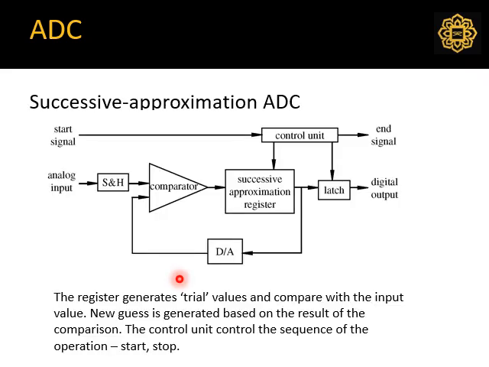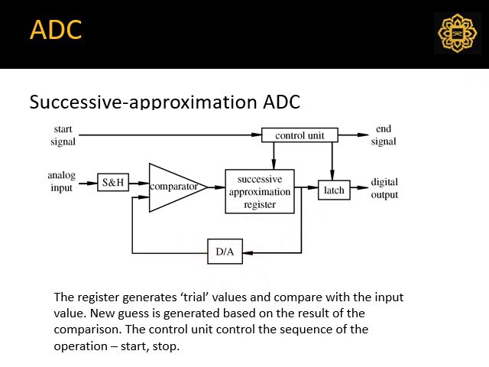In this case, you approximate a certain value and compare it, and if the comparison is as close as the approximation, then you stop approximating. You can see in the loop you have a digital to analog converter as well.